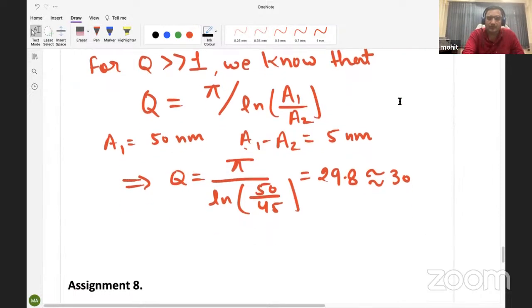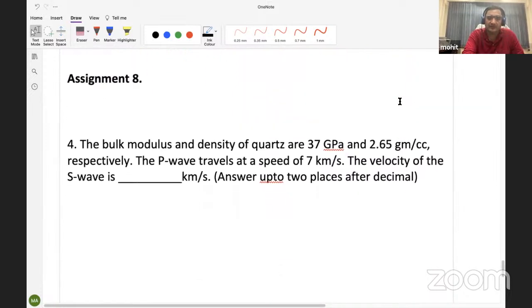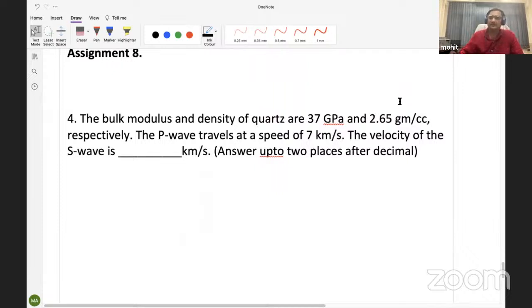Now let's move on to assignment number 8, and I found there is only one question that requires discussion. Assignment 8, question number 4: the bulk modulus and density of quartz are 37 gigapascal and 2.65 gram per centimeter cube respectively.